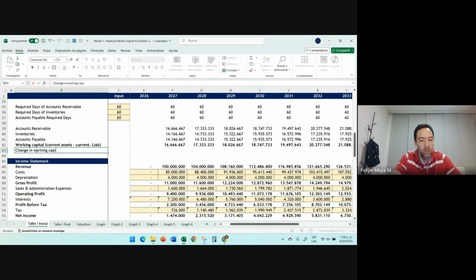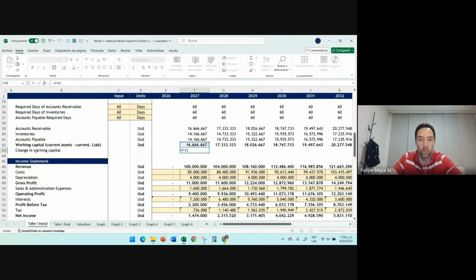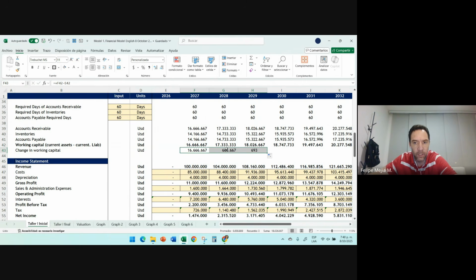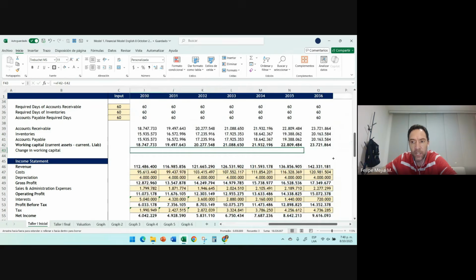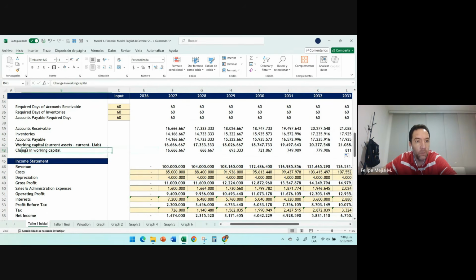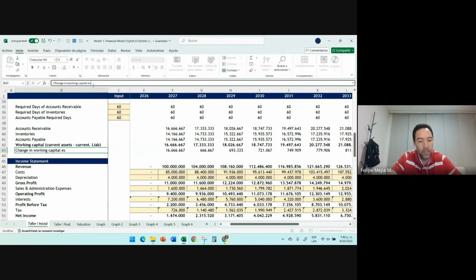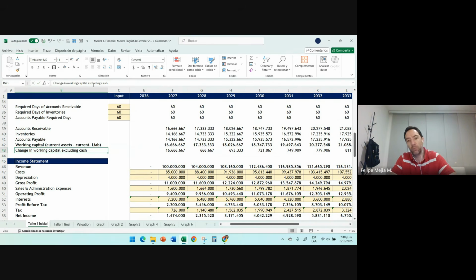What we need is the change in working capital, that is the combined change between increasing current assets and increase in current liabilities. So let's move to the right, and if we're lucky and we take change in working capital excluding cash, and we compare it to the result that we got before, we should be able to get the same number.